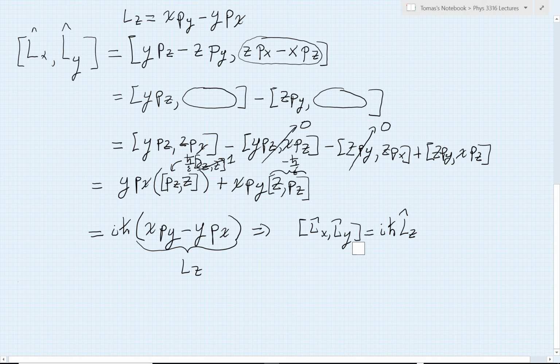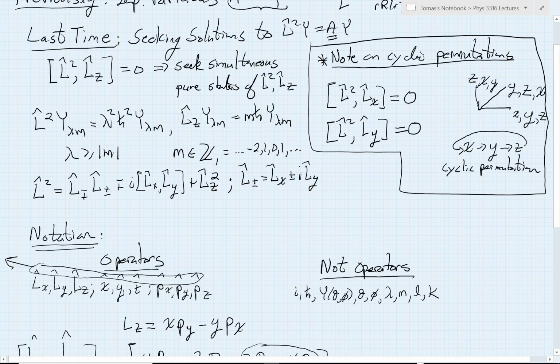We were trying to compute this commutator for the express purpose of completing my expression here. We've just learned that, in fact, this commutator has the value of i h bar L hat z. So this allows me then to write down a clean operator expression for L hat squared.